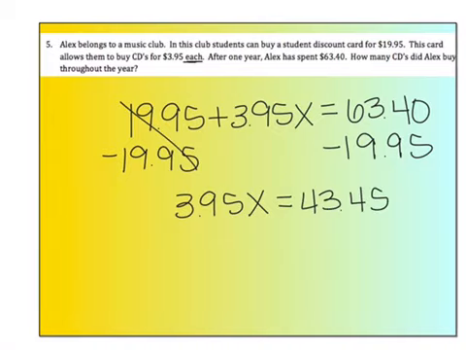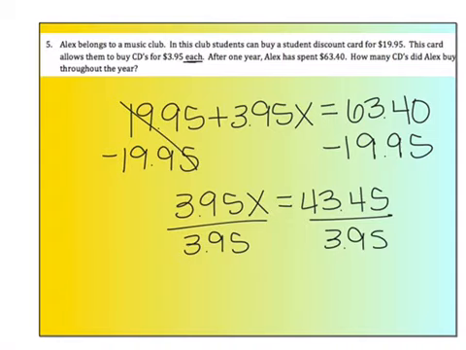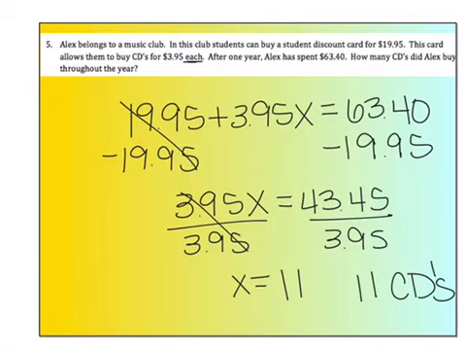To get rid of the 3.95 times x, I need to divide by 3.95. That's going to cancel this out, and I'm left with x equals 11. So Alex can buy 11 CDs is what he bought throughout the year.